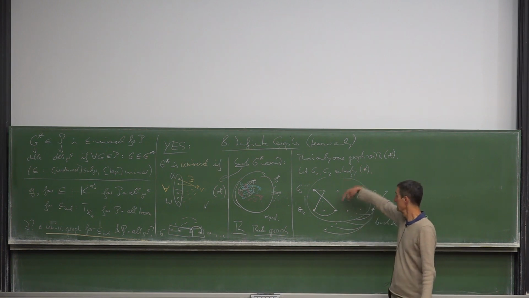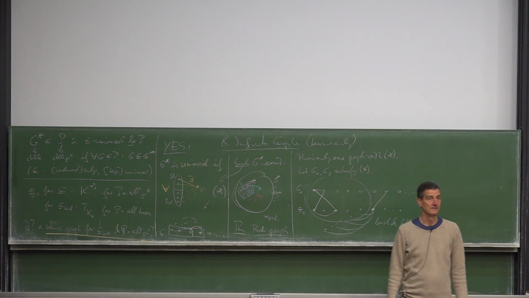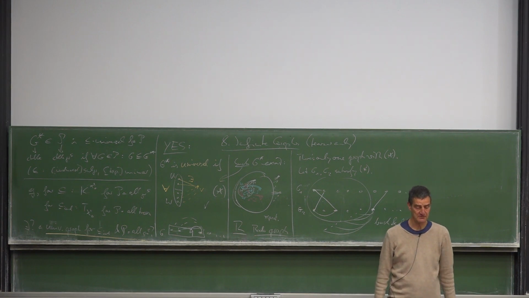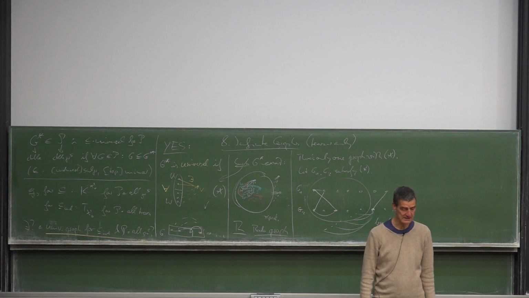And the proof is very much like that. So those graphs are called homogeneous. So the Rado graph is homogeneous in this sense.